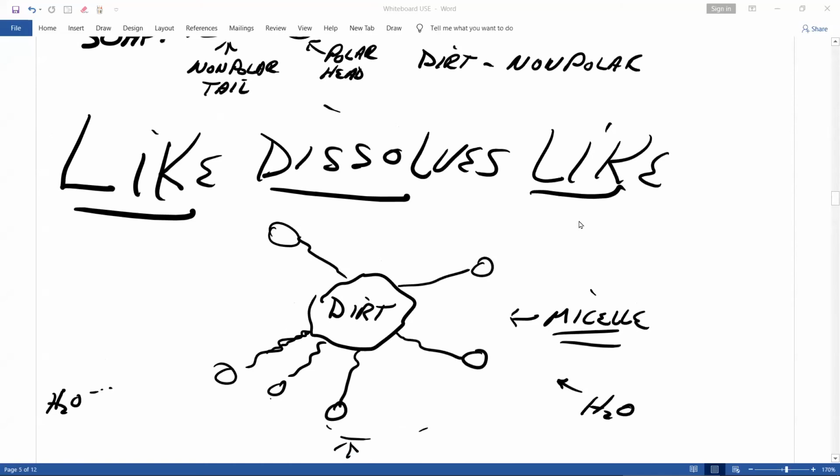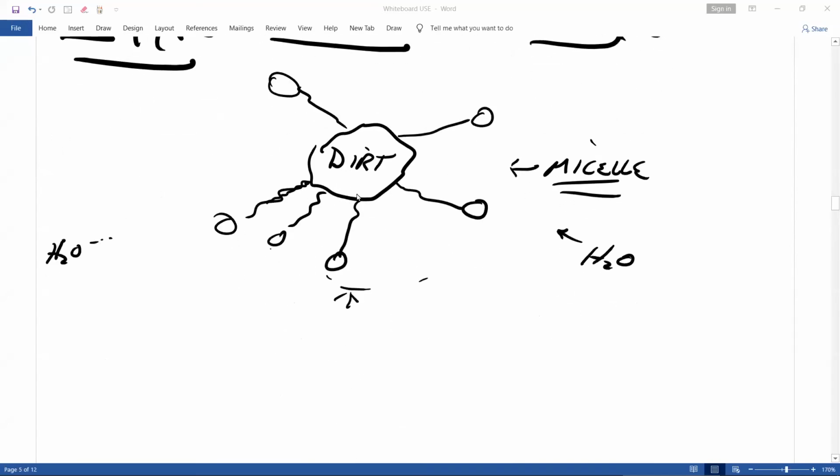The most important thing you should know, like dissolves like, explains how soap works. If we take a dirt particle and magnify it, when you wash your hands with water and soap, the nonpolar tail of soap wants to get near dirt because like dissolves like. The polar head wants to be as far away because like dissolves like.